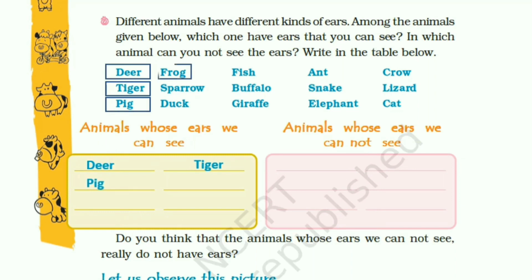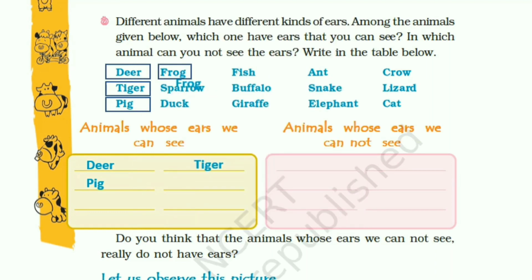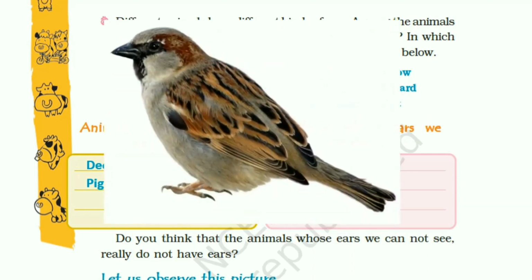The next is frog. Here is the picture. We cannot see the ears, so it goes to table number 2. Then, next is sparrow. Here is the picture of the sparrow.